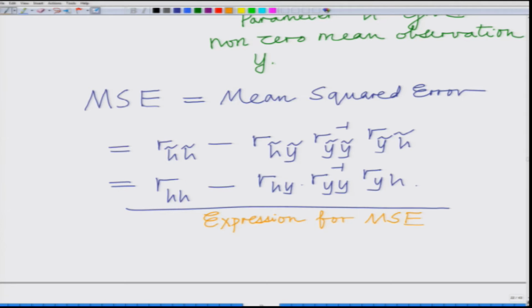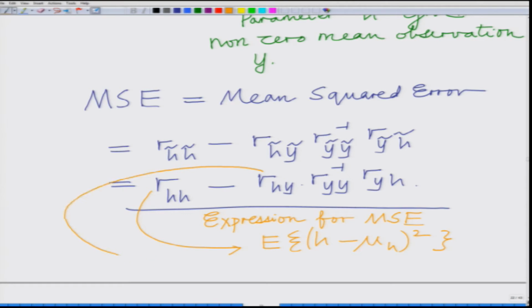However, now remember r h h, r h y, these quantities are defined slightly differently. Remember r h h is not expected value of h square, but rather expected value of h minus mu h whole square.